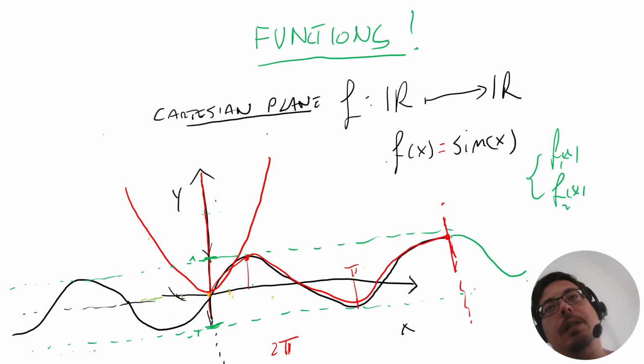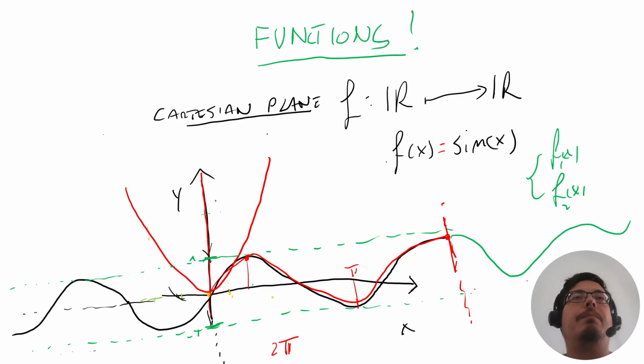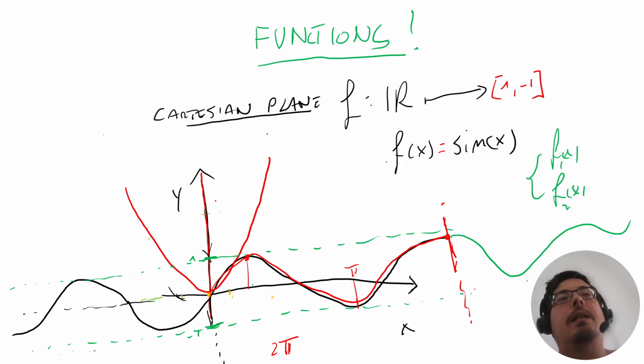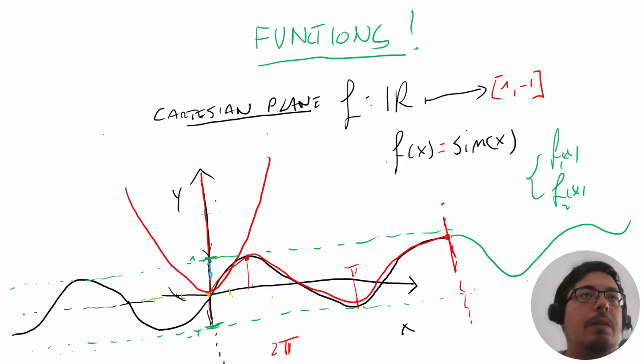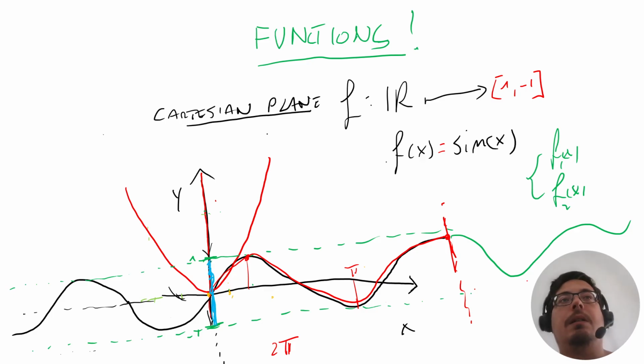So this is just to say that, for example, the sine is a function that goes from R, actually not to complete R. If you want to be precise, it goes to the set from -1 to 1. This is the set from -1 to 1. It's included in R, but it never goes to all of R.